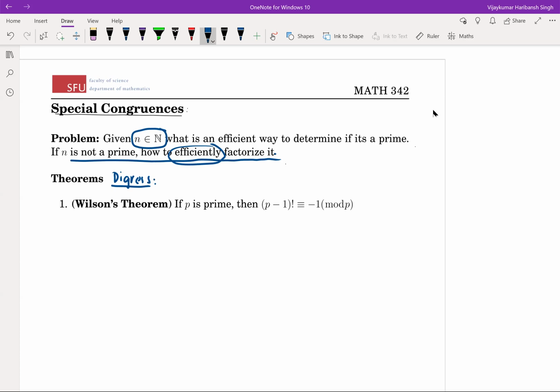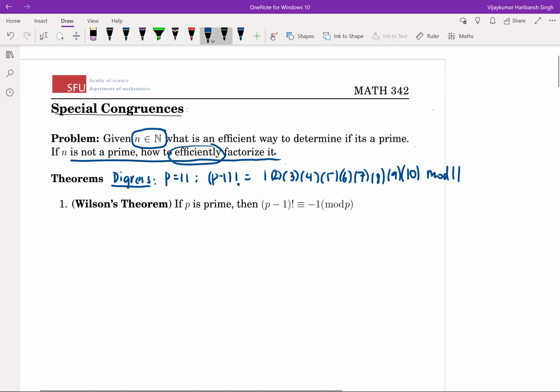So let's take p equals 11. Now (p minus 1) factorial in that case is going to be 1 times 2 times 3 times 4 times 5 times 6, 7, 8, 9, 10, and we are going modulo 11. Now notice the following. If you look at 2 and 6, 2 times 6 is 12, which is 1 mod p.